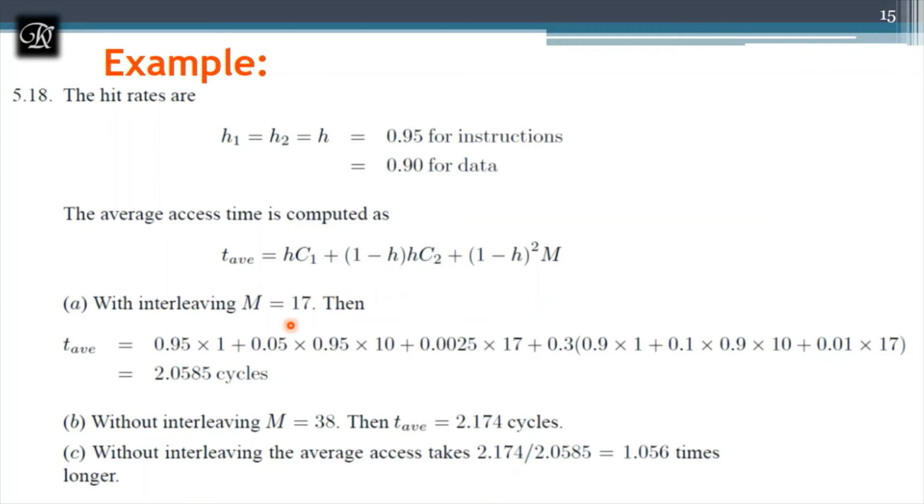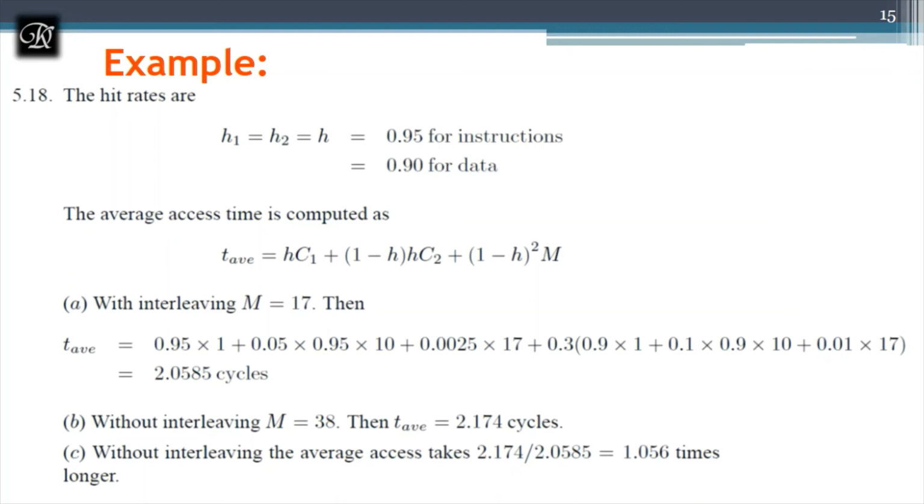With interleaving, we have calculated in the previous discussion that it is 17 clock cycles. Without interleaving, we have calculated 38 clock cycles. So we will substitute the values, and we will get 2.0585 cycles for the same data.